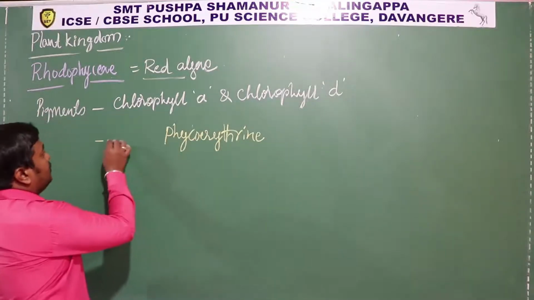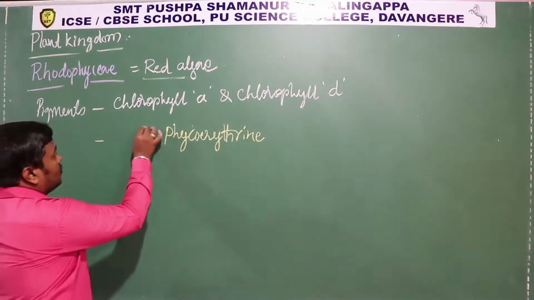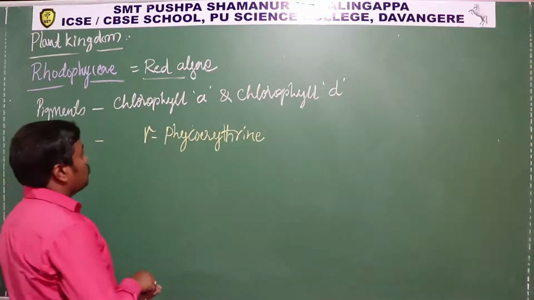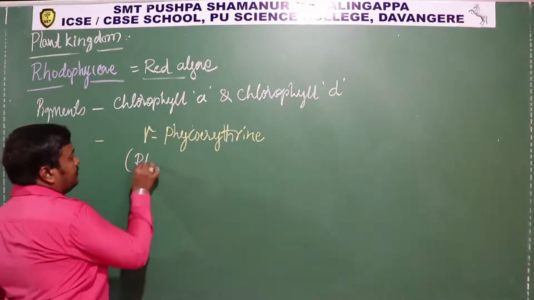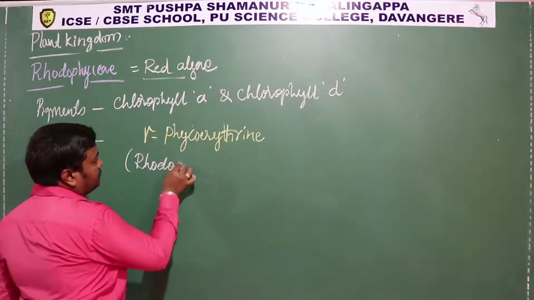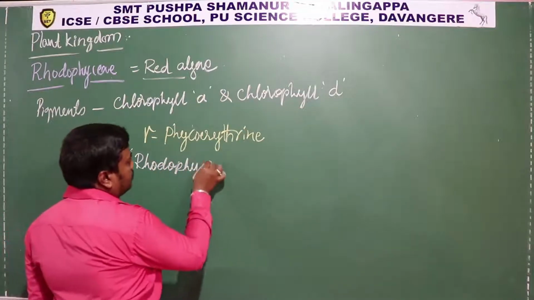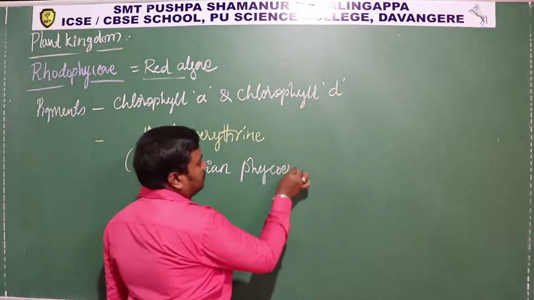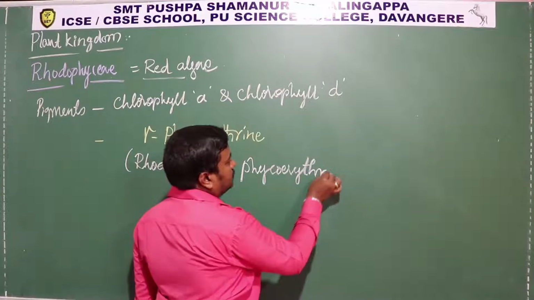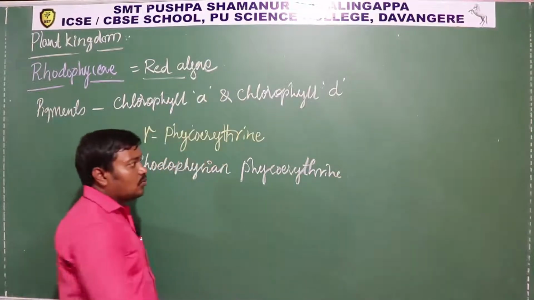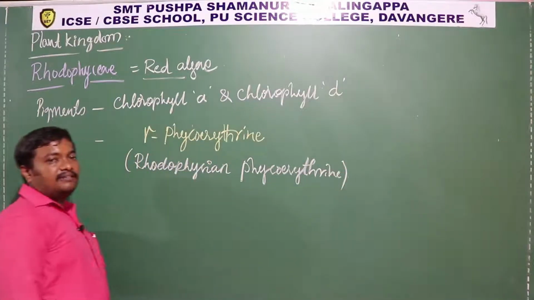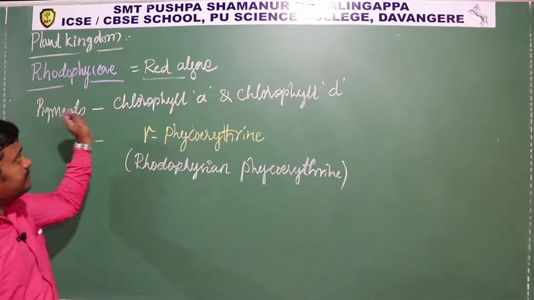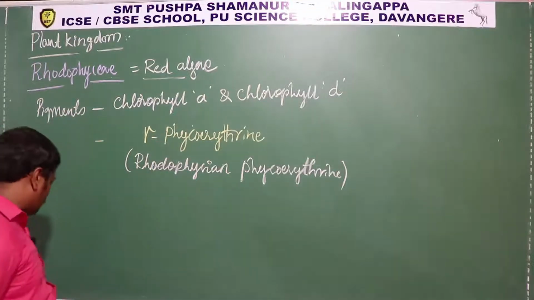So the red pigment here is called R phycoerythrin, where R refers to rhodophycean, the phycoerythrin present in rhodophycean. This is the pigment that gives the rhodophyce members a red color.